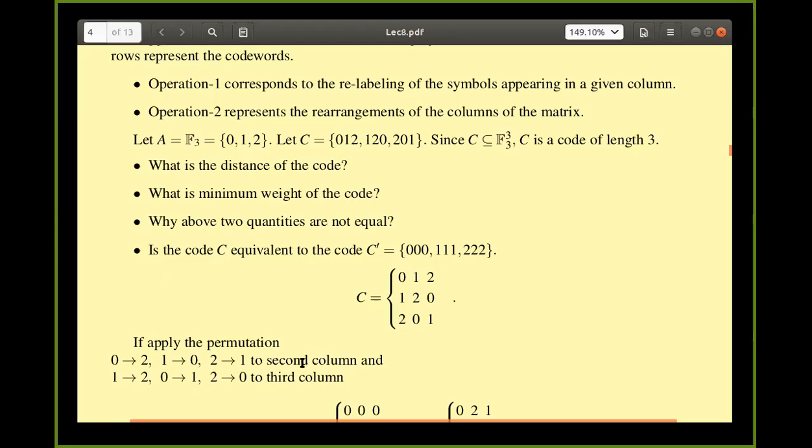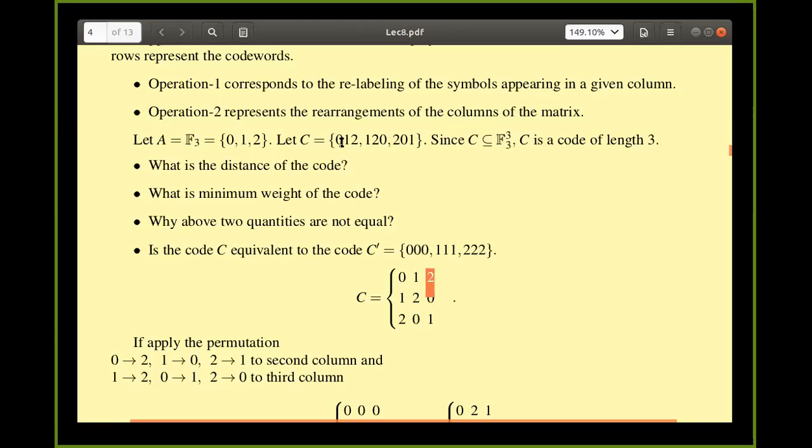I look at the second column and replace 0 with 2, 1 with 0, and 2 with 1. If I permute all the symbols, at all the places and not at just two places, then the distance will still not change; there is no problem.